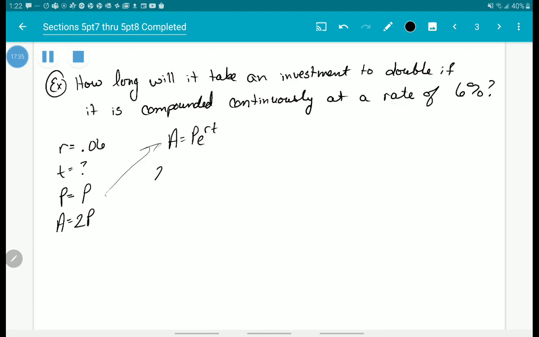So if we do that, we're going to have 2P is equal to Pe to the 0.06t. Goal, remember, is to get t by itself, so we're going to divide by that P value. So we're going to get 2 here.